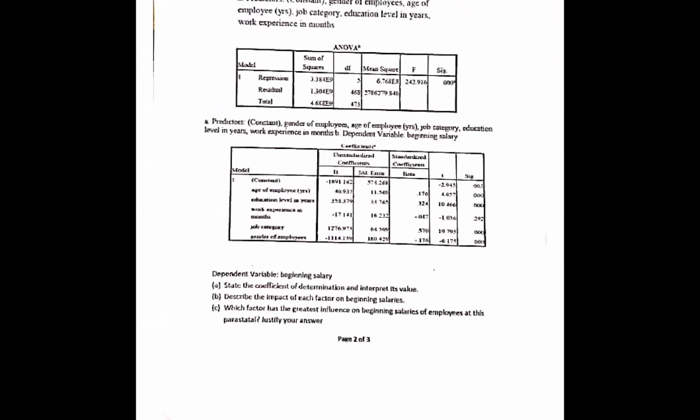Sir, if the Z value was a single tail, how was it going to be? If it was a single tail, your alpha would have been 0.05.